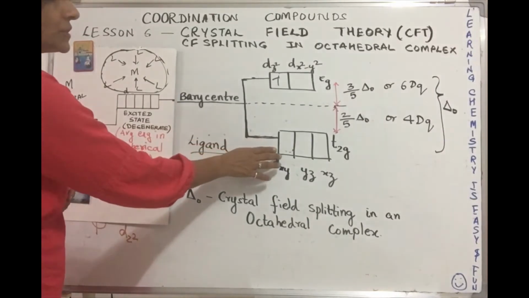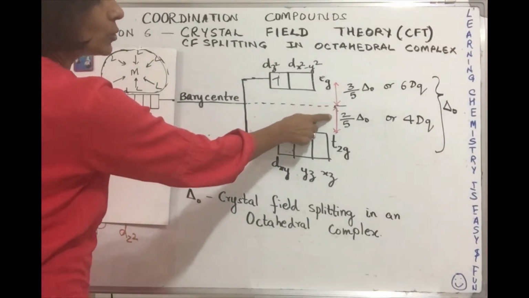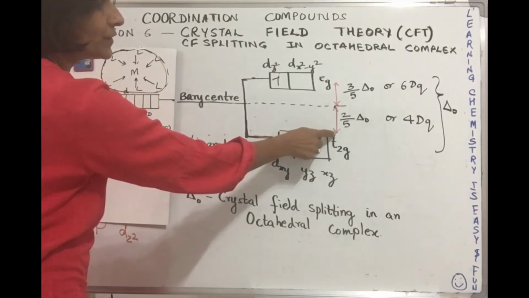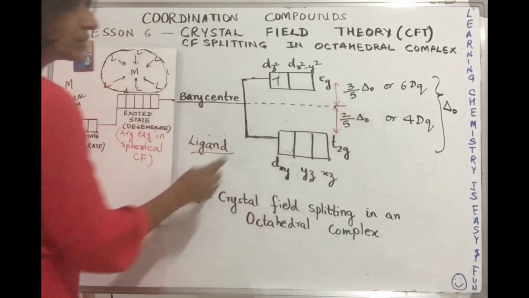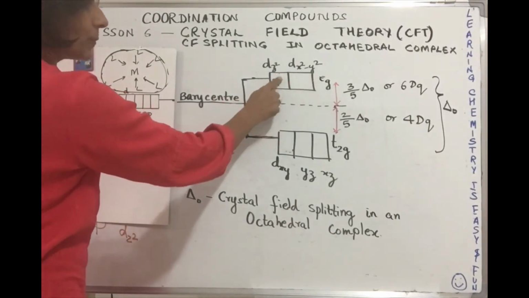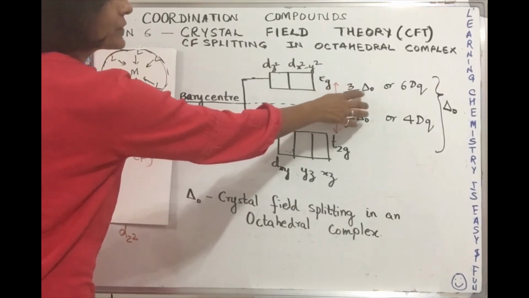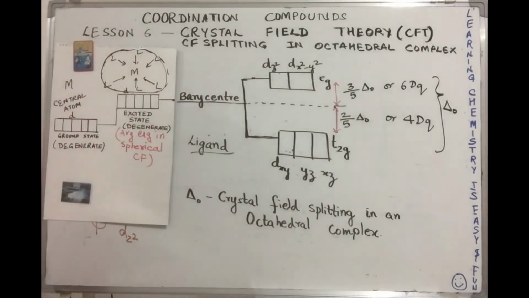The energy of the t2g orbitals is lowered by 2/5 of delta O, while that of the eg orbitals is raised by 3/5 of delta O.